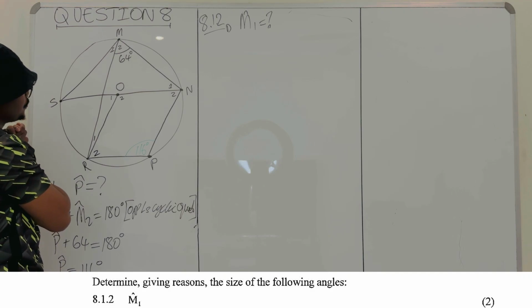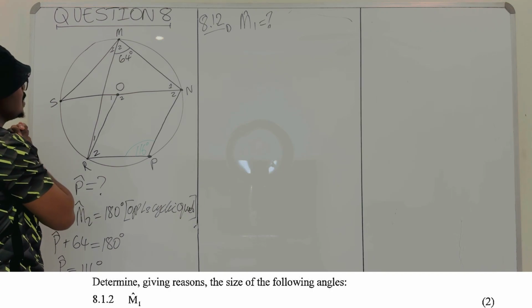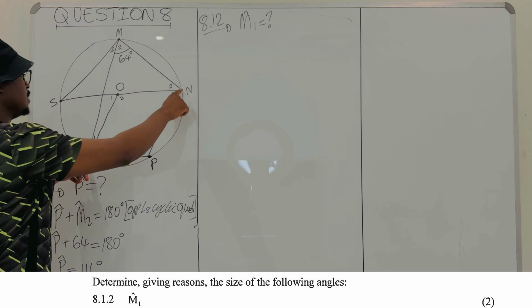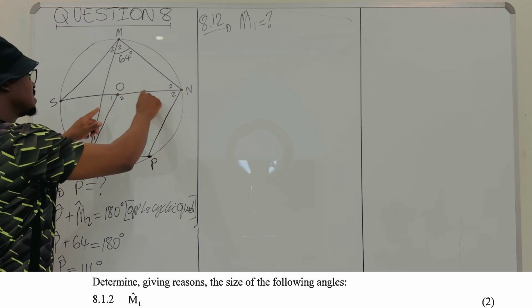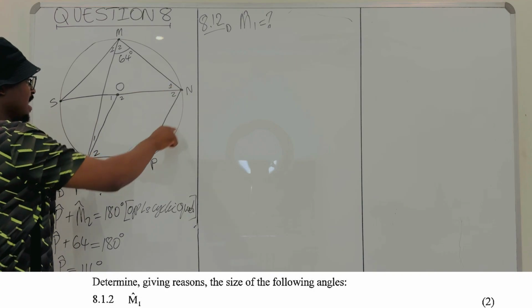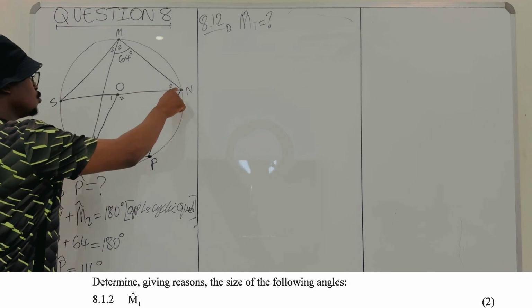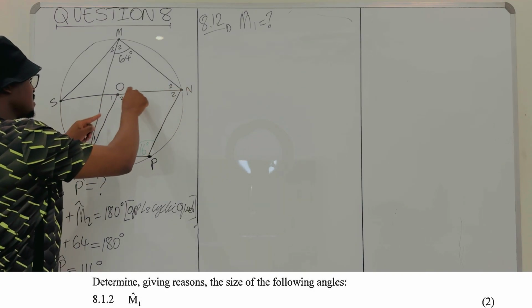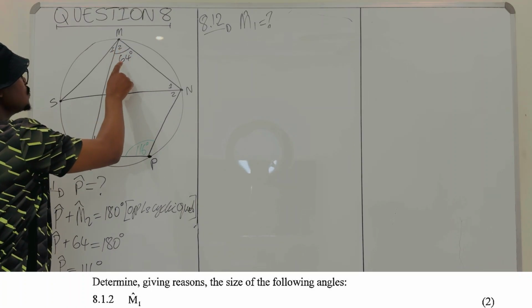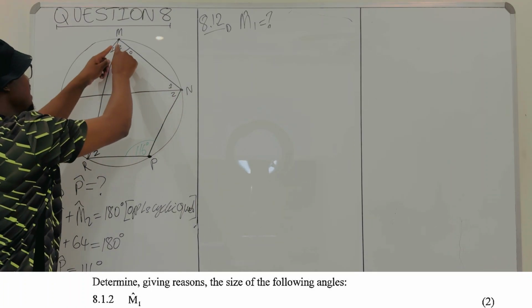Maybe what you can do is say the angle at the center, O2, is subtended by the entire arc NR. But look at this 64 here, which is M1, is also subtended by the same arc NR.